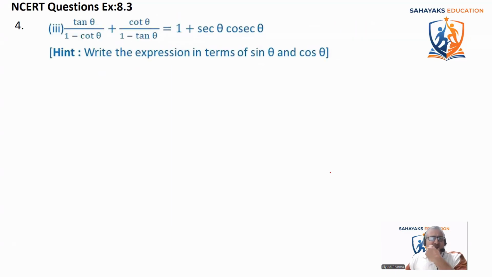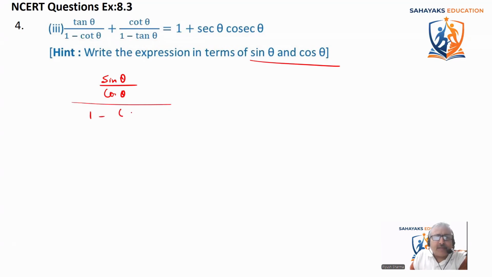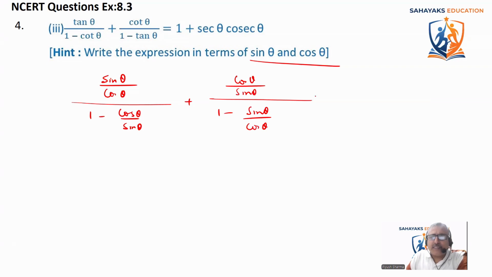So coming to the next question. It says tan theta divided by 1 minus cot theta plus cot theta divided by 1 minus tan theta. Okay, so they are already mentioning that we should convert into sine theta and cos theta and compute it. Let's do it. So tan theta is equal to sine theta by cos theta divided by 1 minus cos theta by sine theta, plus cos theta by sine theta divided by 1 minus sine theta by cos theta.